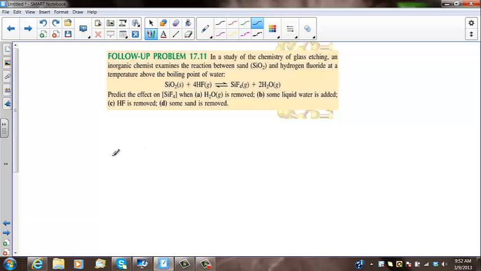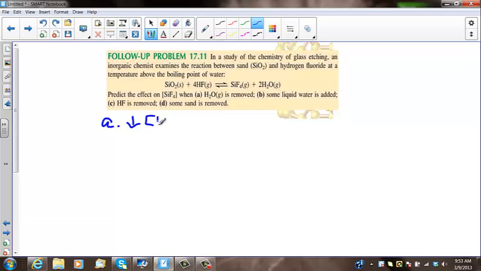All right, let's do a couple practice problems. In a study of chemistry of glass etching, an inorganic chemist examines the reaction between sand, silicon dioxide, and hydrogen fluoride gas at a temperature above the boiling point of water. So we know this reaction is greater than 100 degrees Celsius. Predict the effect on SiF4. So they want to know what happens to the concentration of SiF4 when H2O is removed.